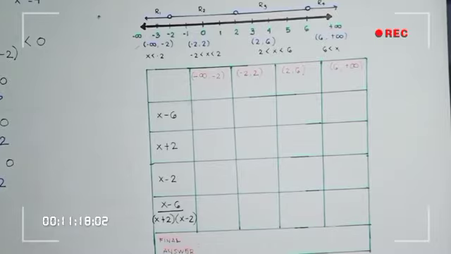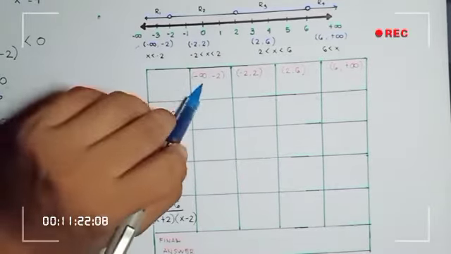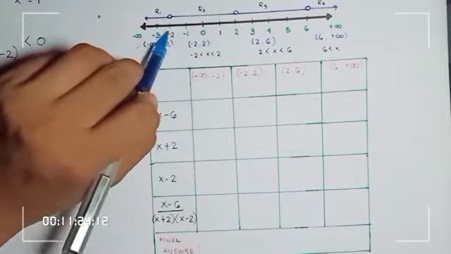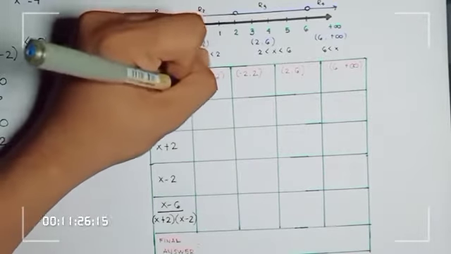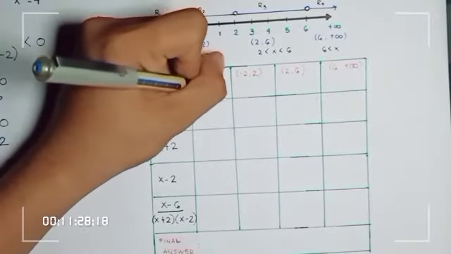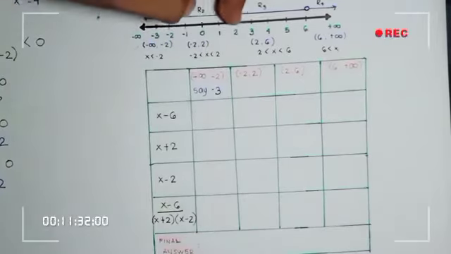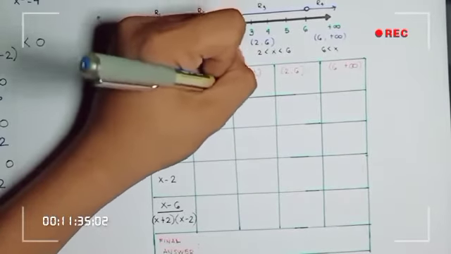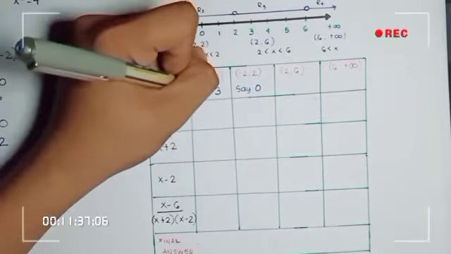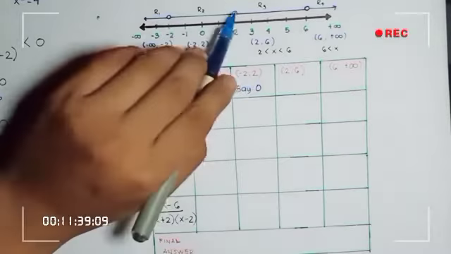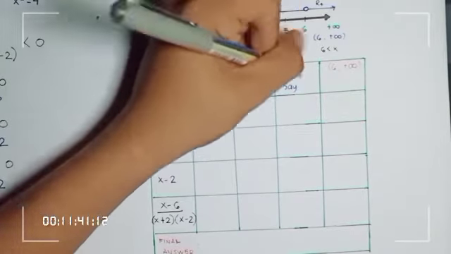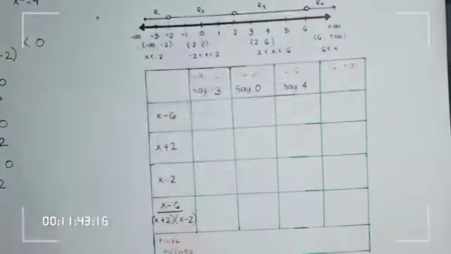Again, making representations. Numbers that are less than negative 2, say we have negative 3. And the numbers that are in between negative 2 and 2, say 0. Next, numbers that are in between 2 and 6, say 4.